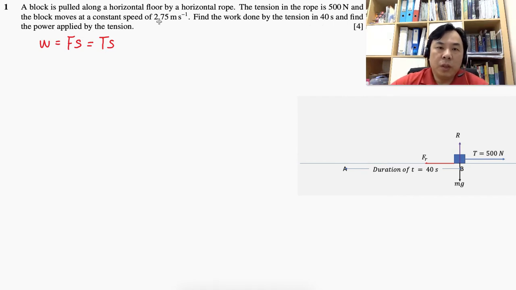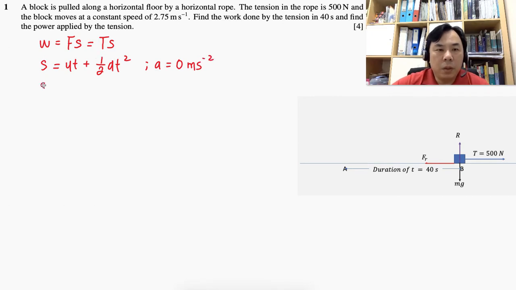Now, because it's moving at a constant speed, that would be quite direct in this case. So you can use the suvat equation, for instance, which is s equals ut plus half at squared. Now we know that since it's moving at a constant speed, acceleration must be equal to 0 meter per second squared.